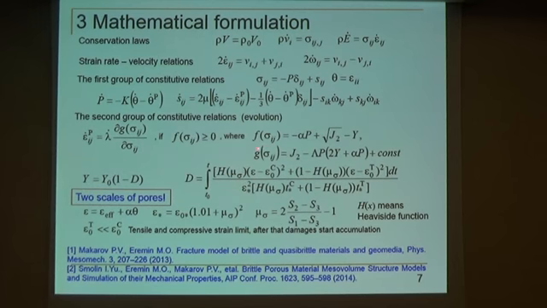And to describe the so-called dilatation effects, the plasticity function and plasticity potential are different. The next important point, which relates to our session, is described by the damage accumulation.